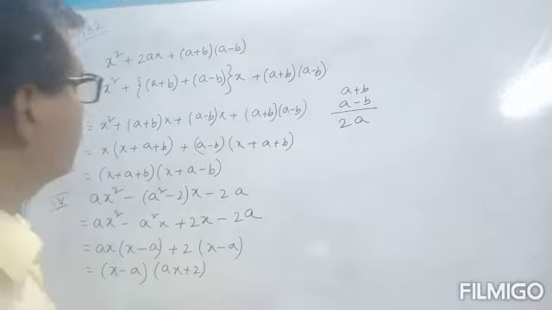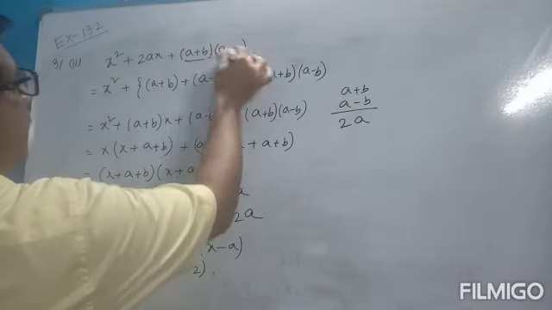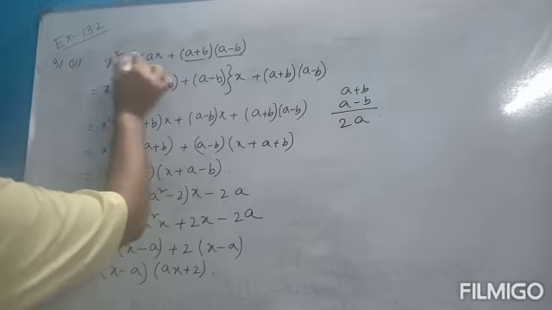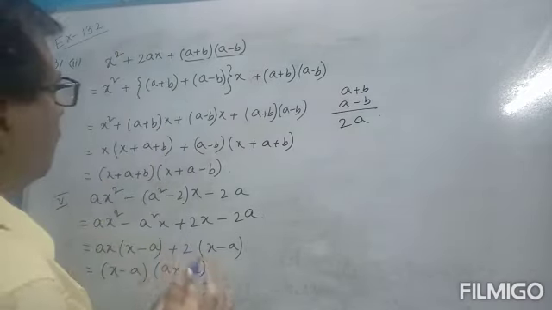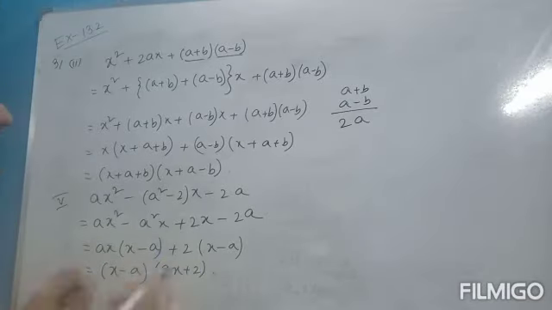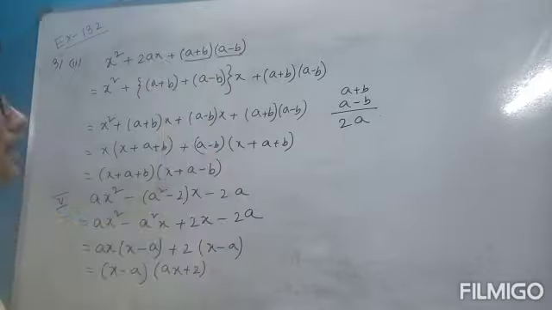Next we start question number 3.2 of the same exercise 13.2. x square plus 2ax plus a plus b into a minus b. Here this is x square and this is x to the power 1, so it can be done by middle term factor, and these factors are also given, a plus b and a minus b.